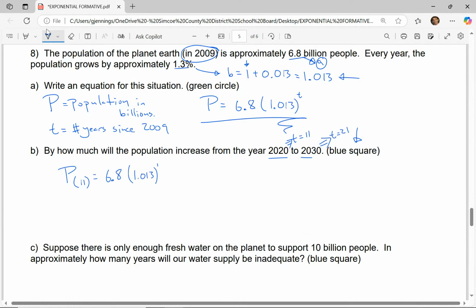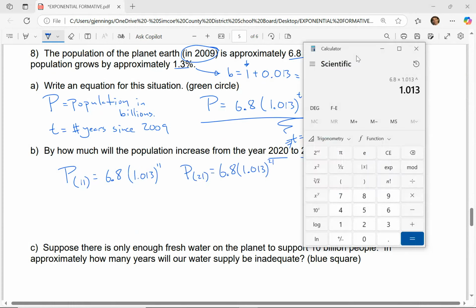6.8 raised to the power, no need for brackets, 11 is just 11, equals 7.838. We're going to go to the nearest million, 7.838. Rounding instructions, Mr. J. Okay, I'll go back and fix all that.